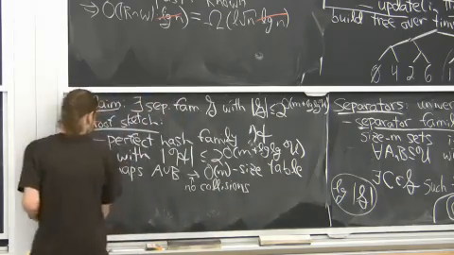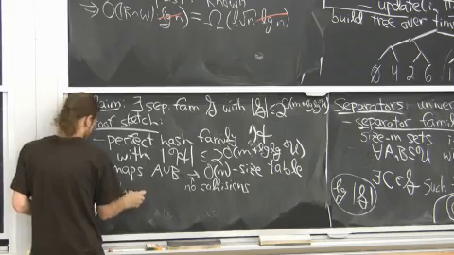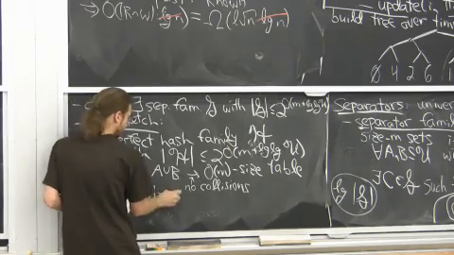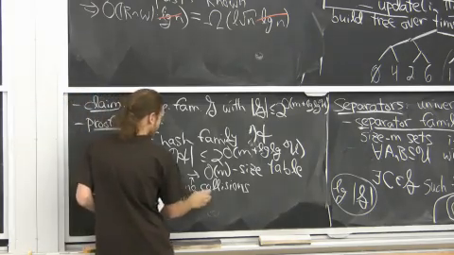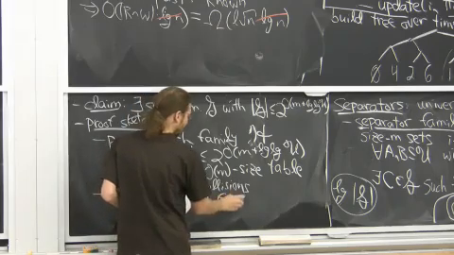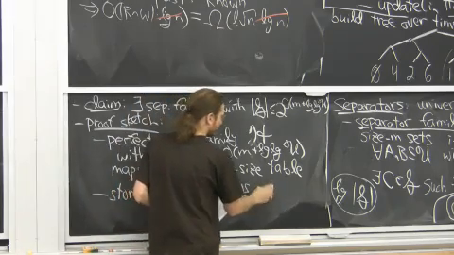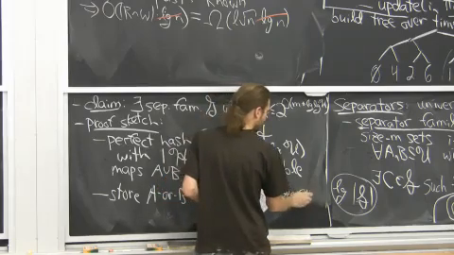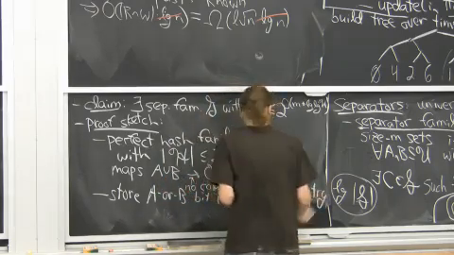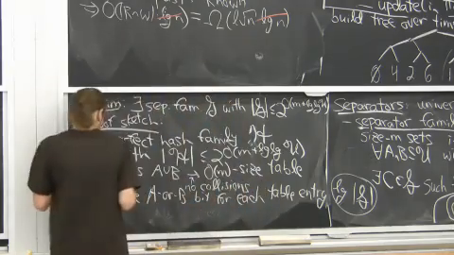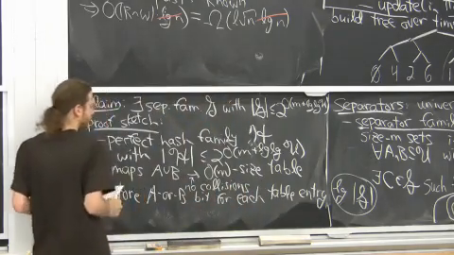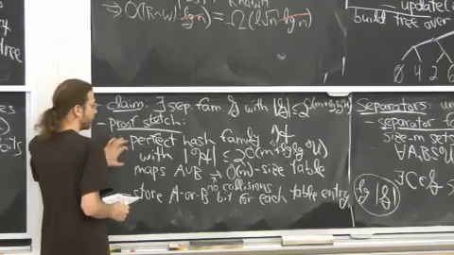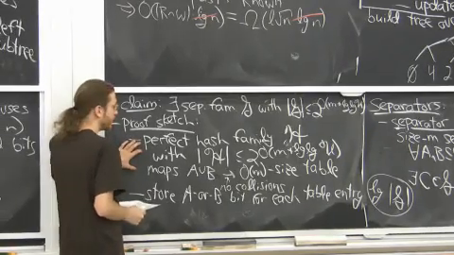So then what we also store is an A or B bit for each table entry. So that's our encoding. We store a perfect hash function.